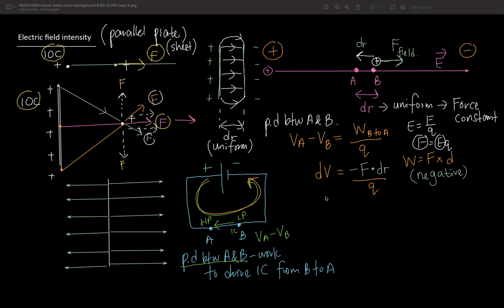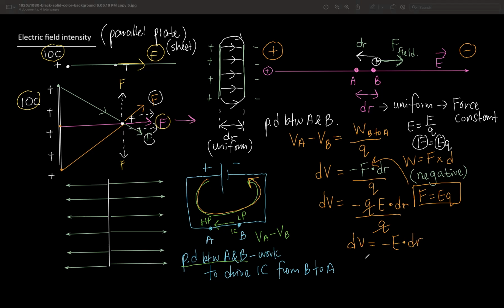Next, dV equals, now, you already know F equals EQ. Put that in, and we get minus QE dr over Q. Cancel, and we get dV equals minus E dr. Rearranging, E equals dV over dr, with the negative over here.